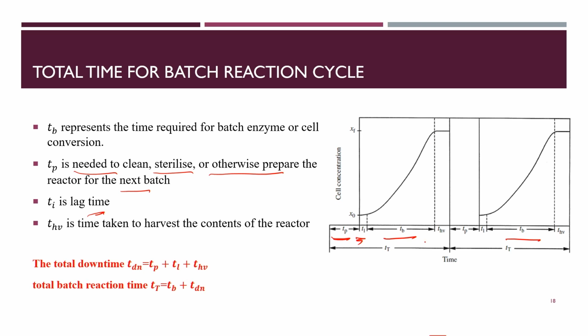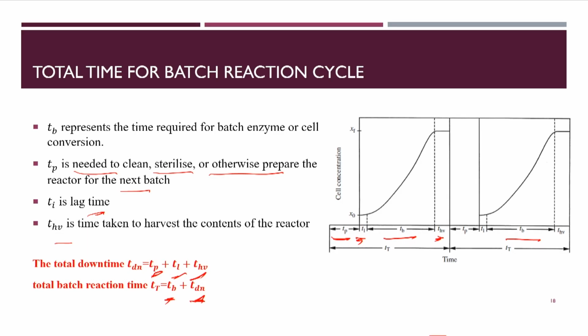Once the batch is done, there is also time required to harvest, THP. So, total batch time becomes TB, the batch time we calculated, plus downtime, and downtime includes cleaning time plus lag time plus harvest time. Whatever TB we have calculated needs to be added to the total downtime to get a complete idea of the time required for a batch cycle.